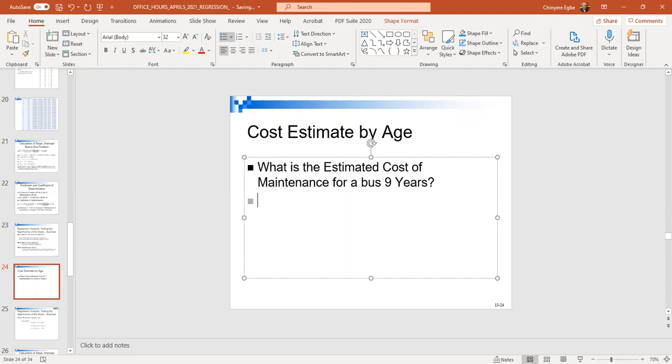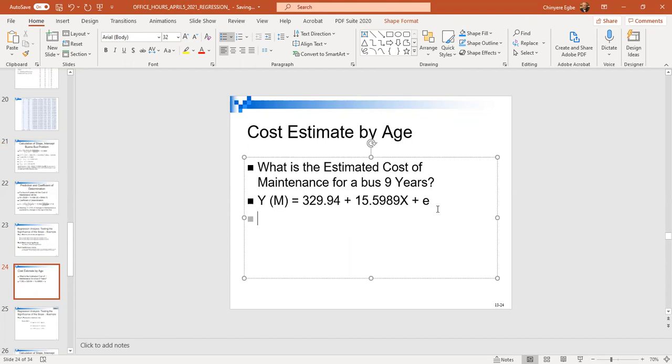So the model equation is 329, and for each additional year, it costs an additional $15 and so many cents to maintain the bus.